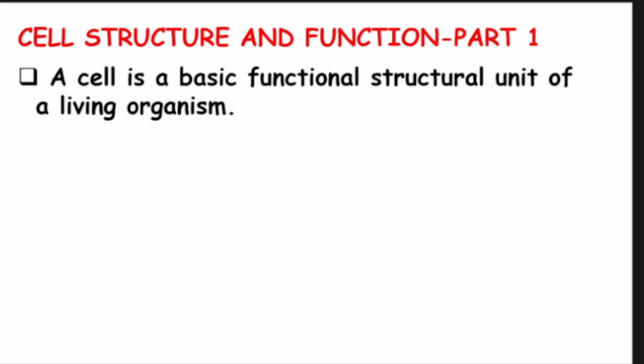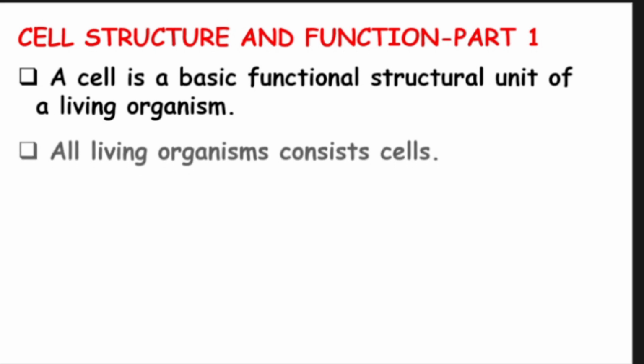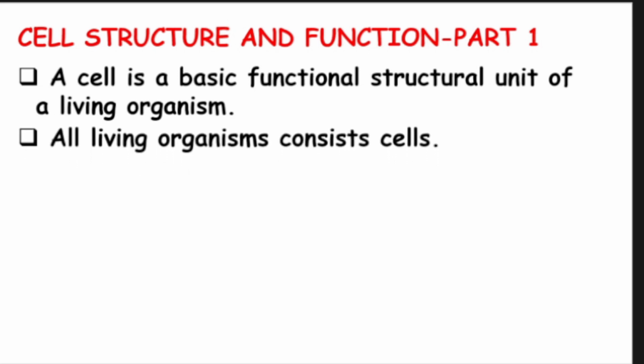All living things that you know, animals and plants, both consist of cells. What we mean by the term functional structural unit of a living thing is that a cell is able to carry out the function that it's supposed to carry out internally and independently.